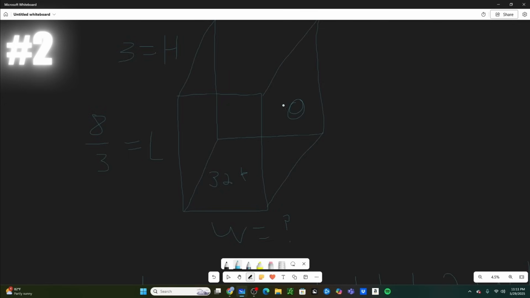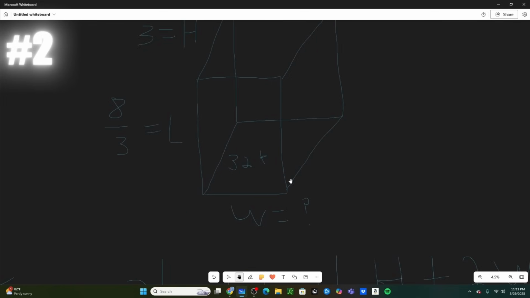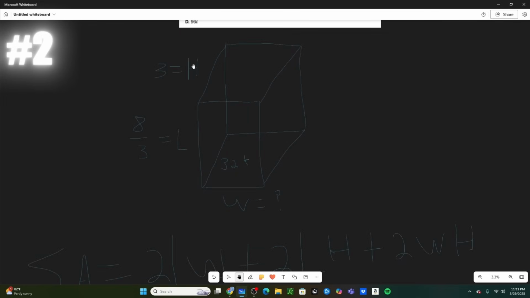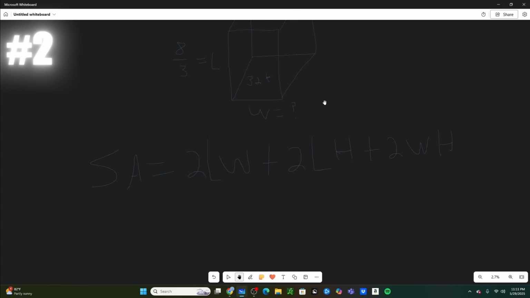Then we have this side to the right, and its opposite is equal to it, so that's another side. And then we have this side over here, and its opposite is equal to it. All of these are found by multiplying either length times width, or length times height, or width times height. And then we multiply by 2 for the 2 different sides.